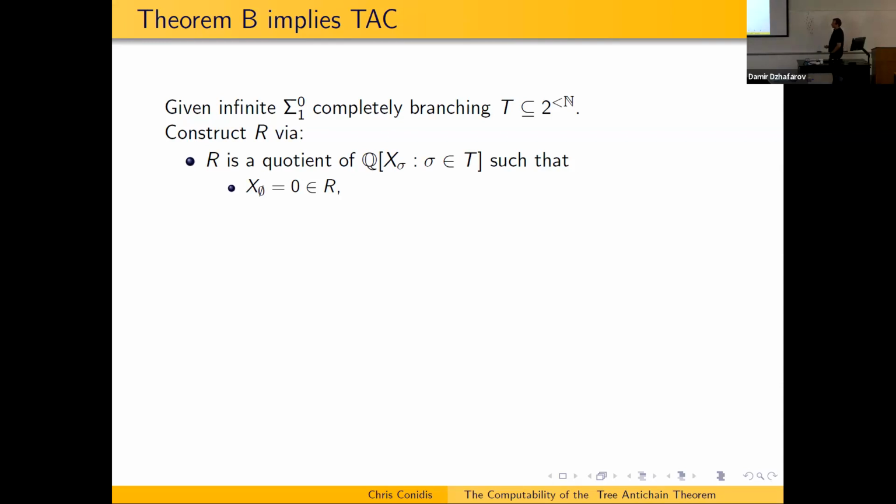So the way it works is, now we're building the ring here. So I'm creating this indeterminate here. The indeterminate corresponding to the root of the tree, we just make 0.